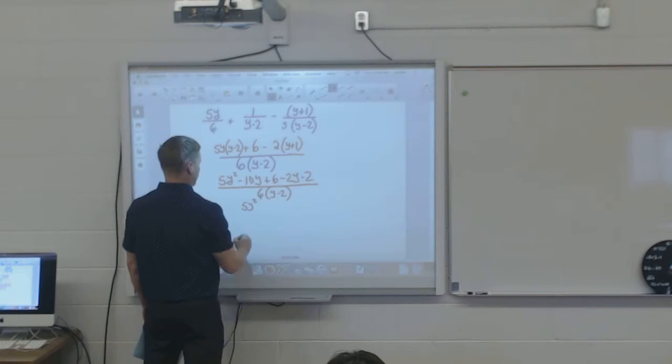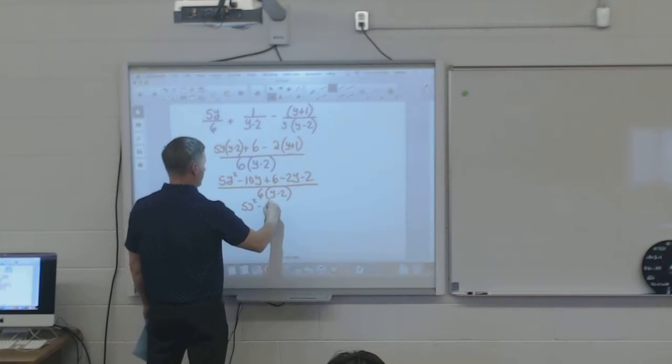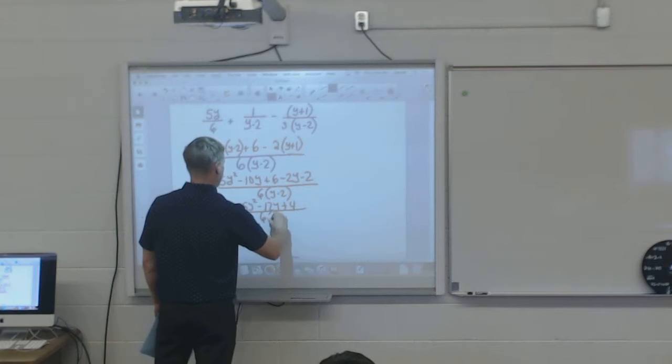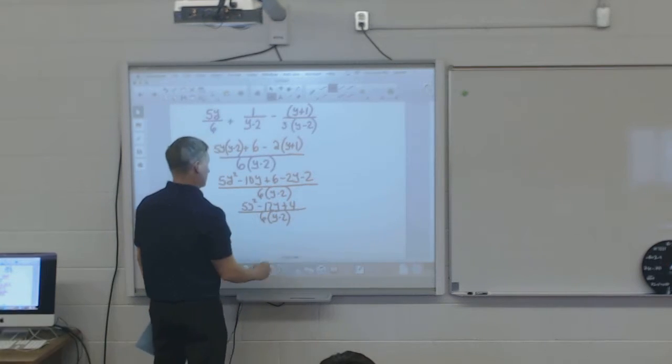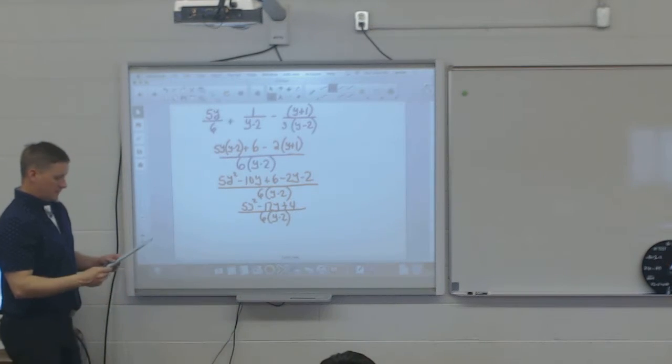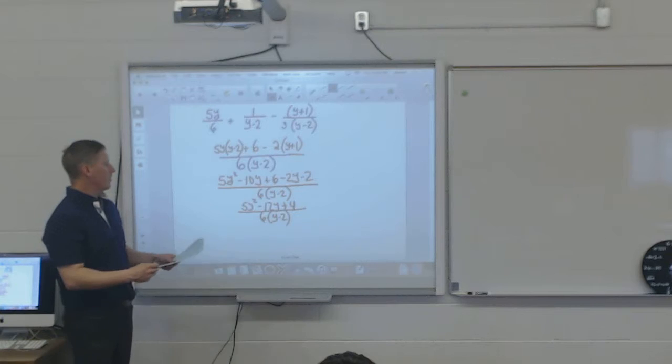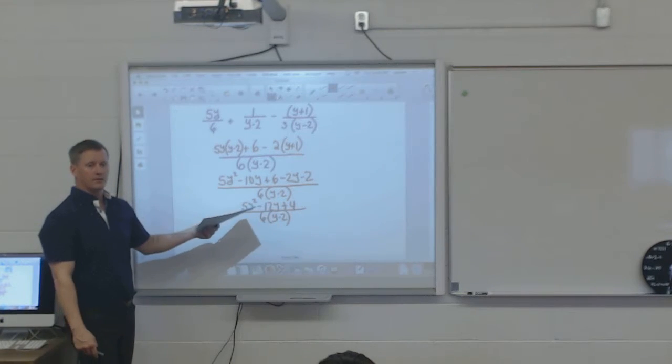5y squared minus 12y plus 4. This is also factorable. I'm running out of time, so I'm not going to show you how to do the whole thing.